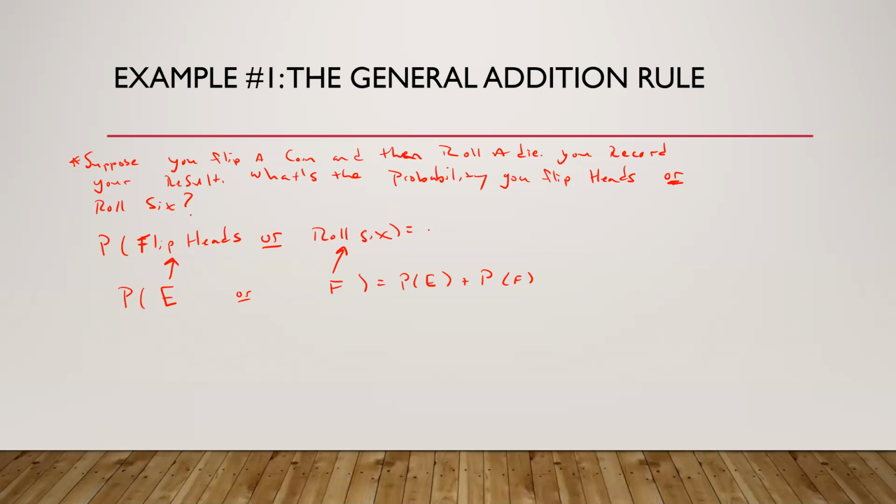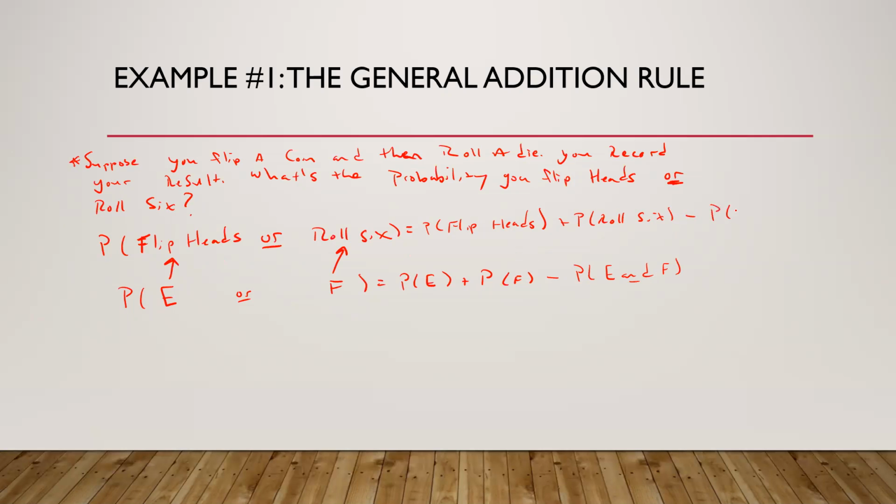So it's the probability of flip heads plus the probability of roll a 6. And then you have to subtract sometimes the probability that E and F happen. So I'm going to write that here.